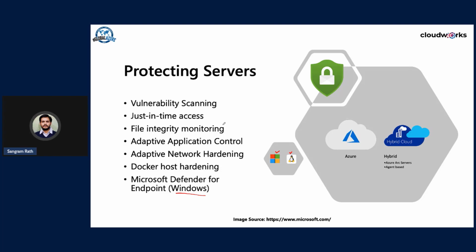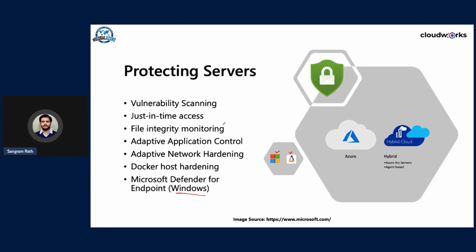This is really a game changer, if you ask me. The fact that we are able to provide a unified security view across your environments, and we're not just focusing on Azure. It can be AWS or GCP or anything else.